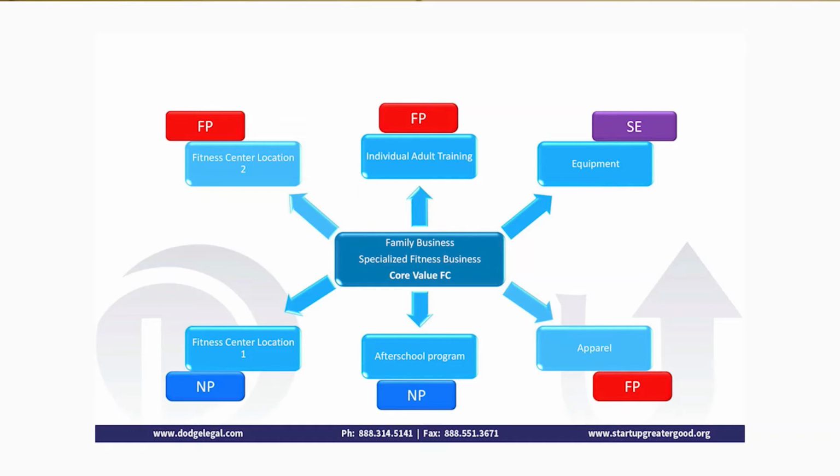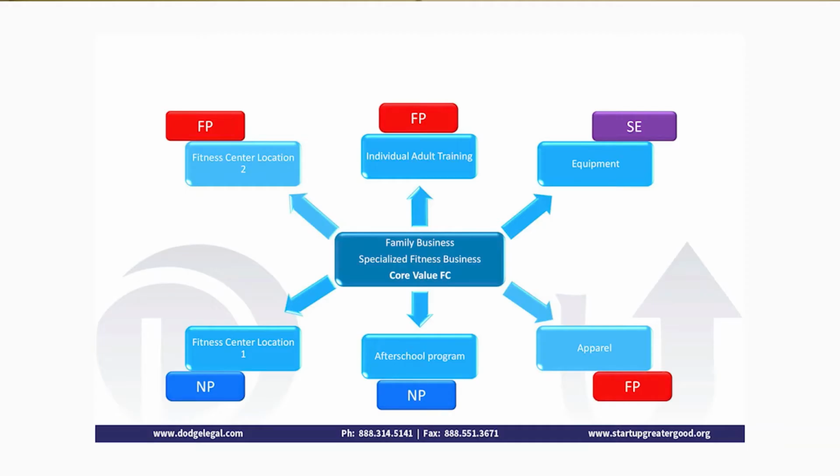Here's what actually happened, which was so interesting. They started with individual adult training, and their clients said, you know, we really love this. We'd love to have this for our kids. So they ended up here, the after-school program, which they had as partially for-profit for clients who could pay, and then it gave them the funding necessary to start their at-risk youth program.